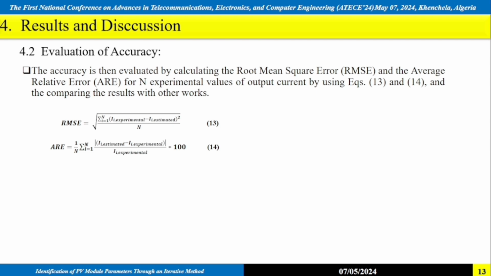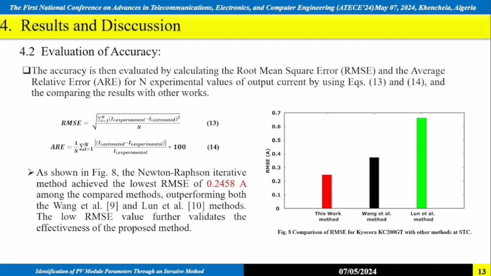Also, by using the experimental data, we have then evaluated the accuracy of this method by calculating the root mean square error and the average relative error for n experimental values of output current by using equations 13 and 14. We can see clearly that the Newton-Raphson iterative method achieved the lowest RMSE value of 0.24 ampere compared to the other methods.